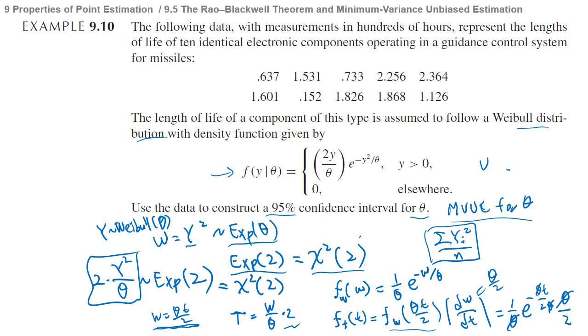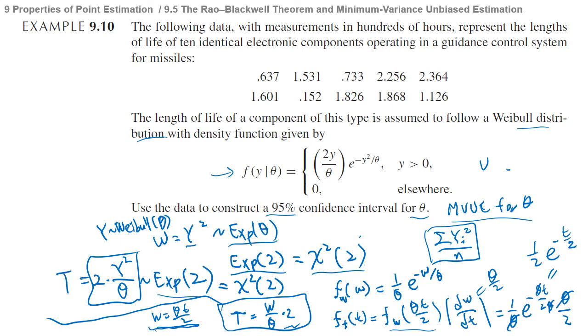The zetas cancel, and this is 1 over 2 e to the minus t over 2. So we can show that this T follows an exponential distribution with parameter 2, and that is actually the chi-square distribution with 2 degrees of freedom. You can check it from the density: exponential 2 is the same as chi-square 2.